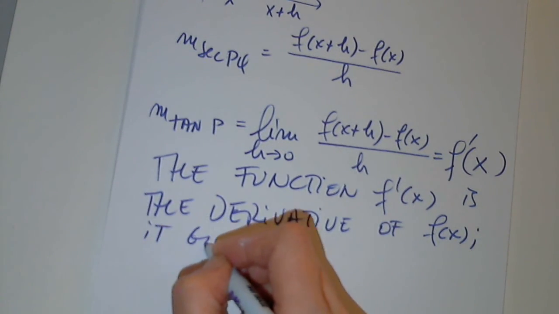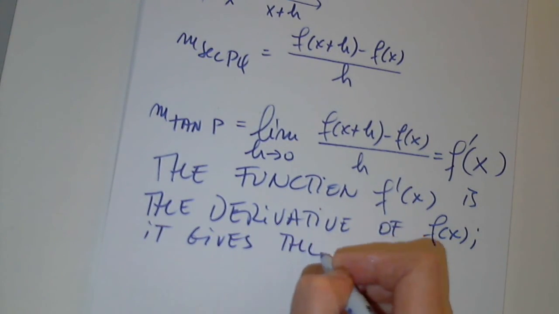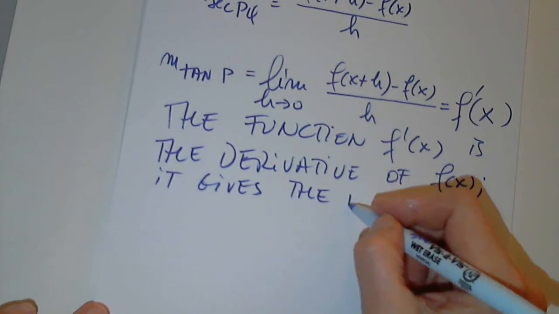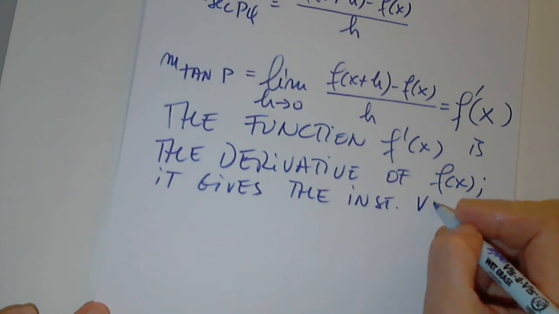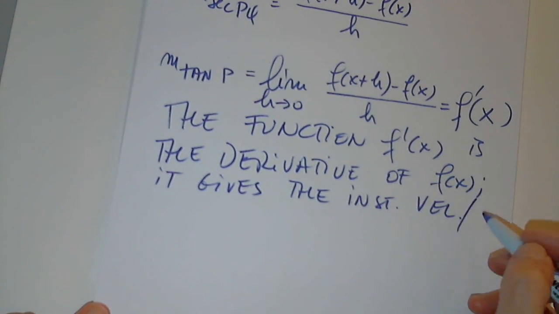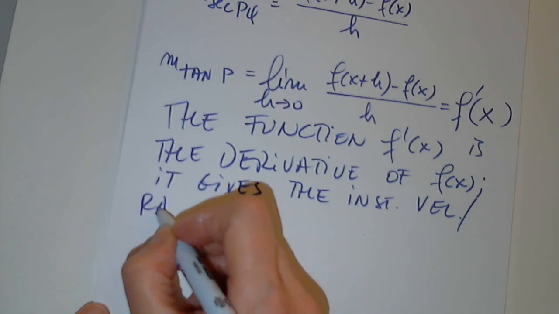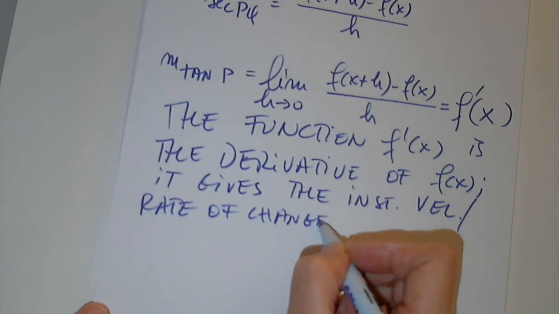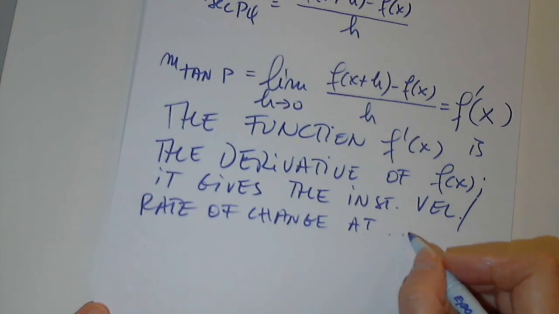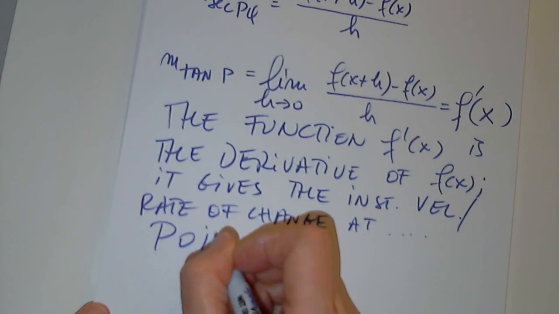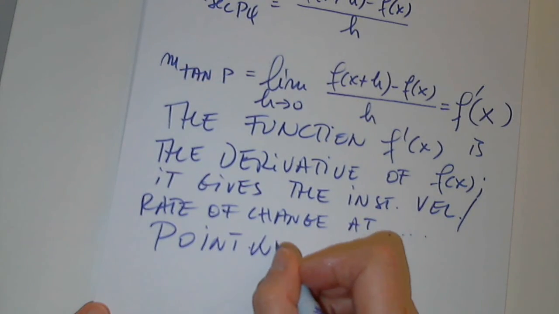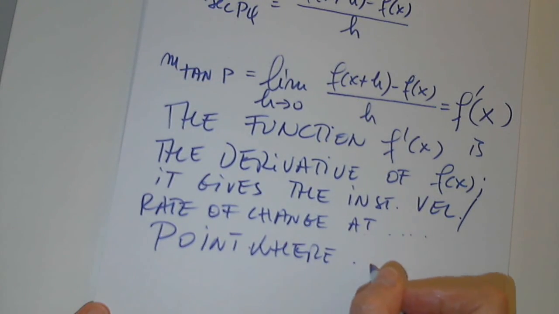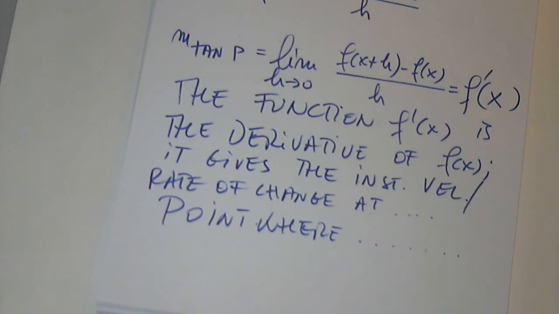It gives, among other things, the instantaneous velocity or rate of change at, and this is the tricky part, so the function is a function, right?